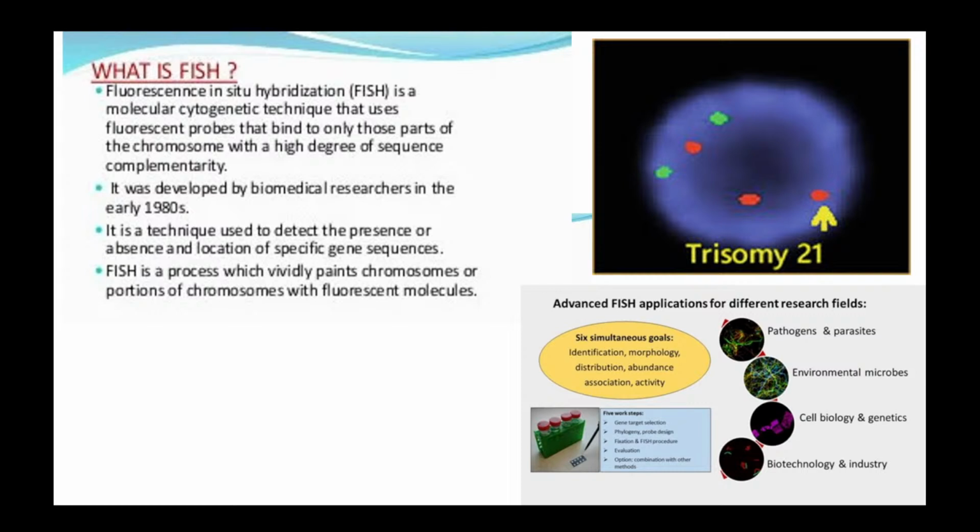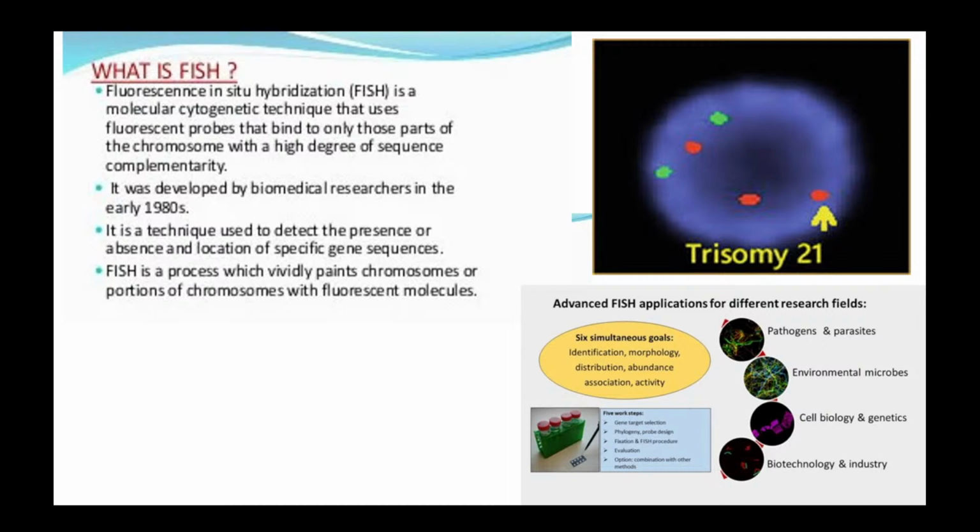Molecular cytogenetics includes fluorescence in situ hybridization, which is named FISH. This is a molecular cytogenetic technique which uses fluorescent probes that bind to only those parts of the chromosome with a high degree of sequence complementarity.